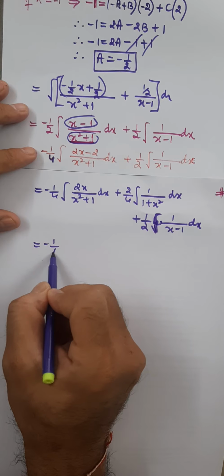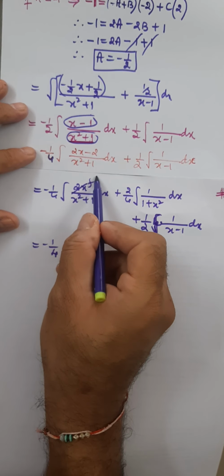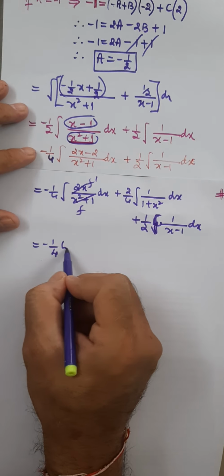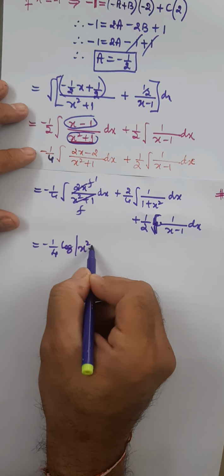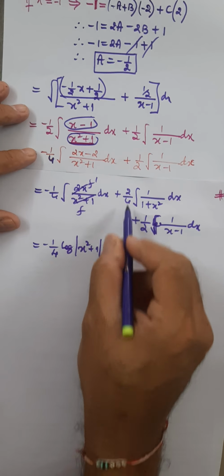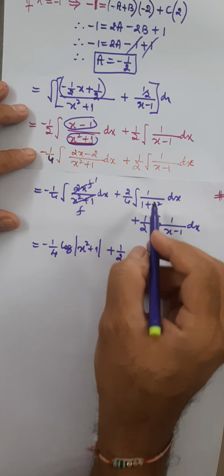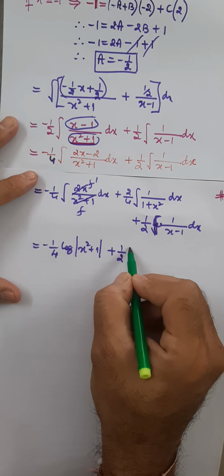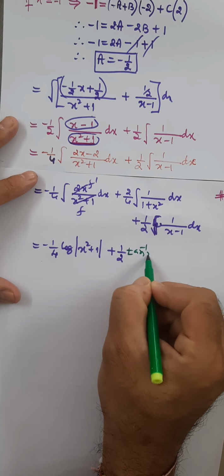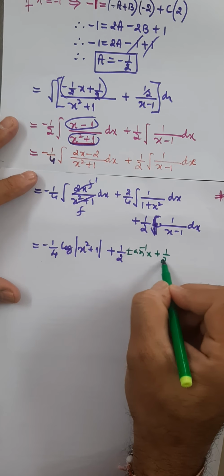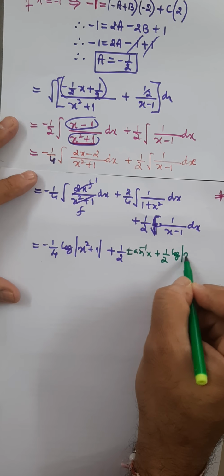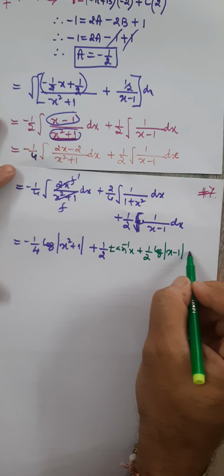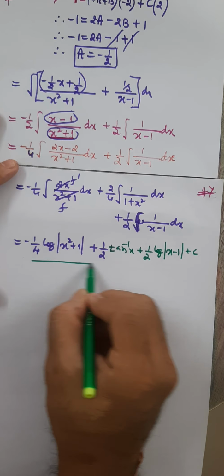Remember, minus 1 upon 4 as it is. This is f dash, this is f. So log of mode of denominator expression. Here this is 1 upon 2. Can you tell me integral of 1 upon 1 plus x square? It is nothing but what? Yes, tan inverse x. Plus here half as it is. What about this? Log of mode of x minus 1, plus c. Final integral.